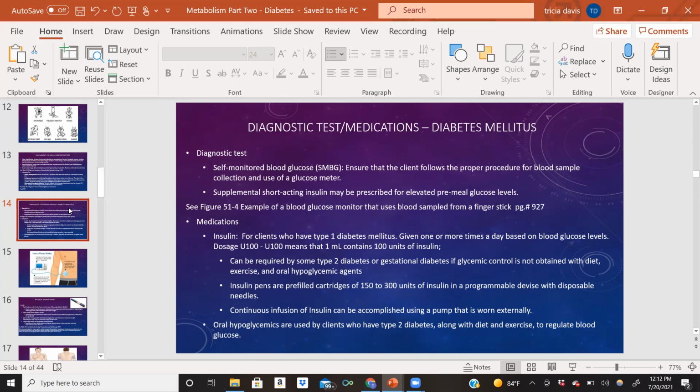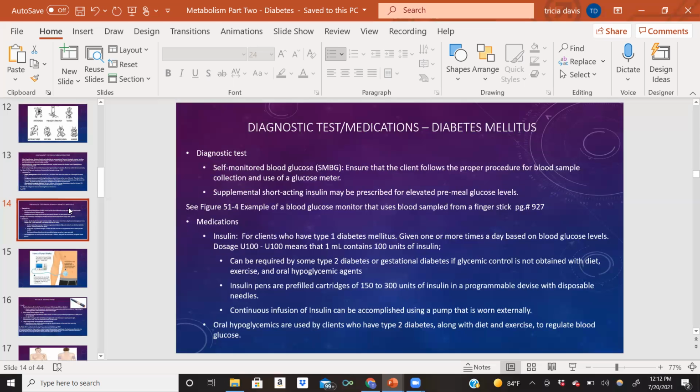So if our patients do require medications, one of the medications that we can give is insulin. So mainly your patients who have type 1 diabetes, this is what they have to take. Oral hypoglycemics don't really work for them. So the insulin is usually given 1 or more times a day based on their blood glucose levels.